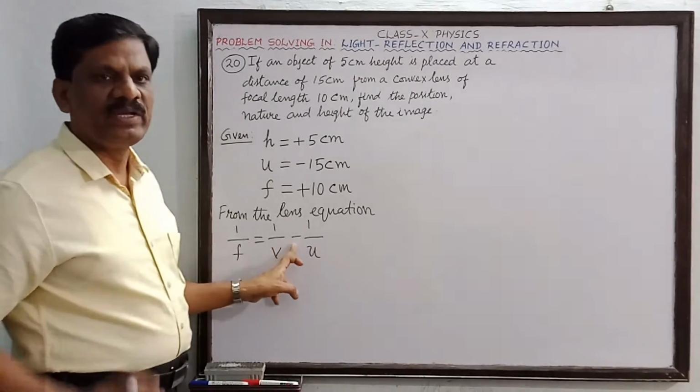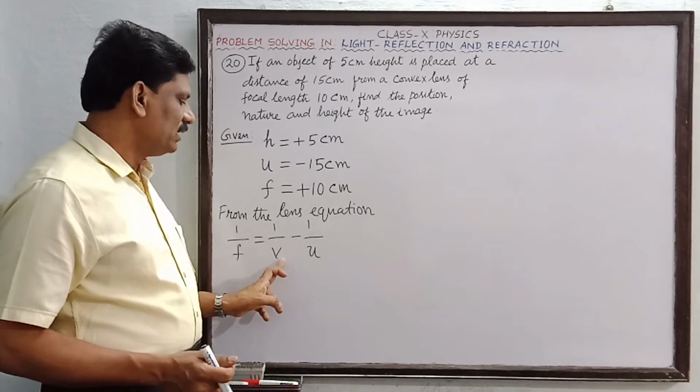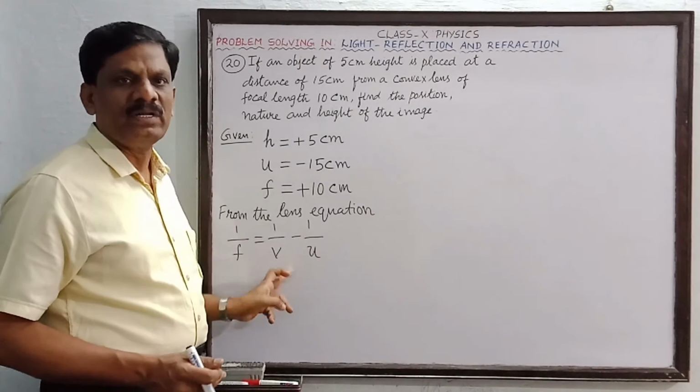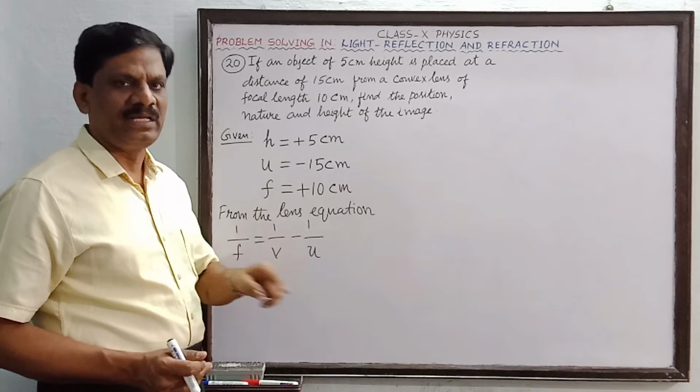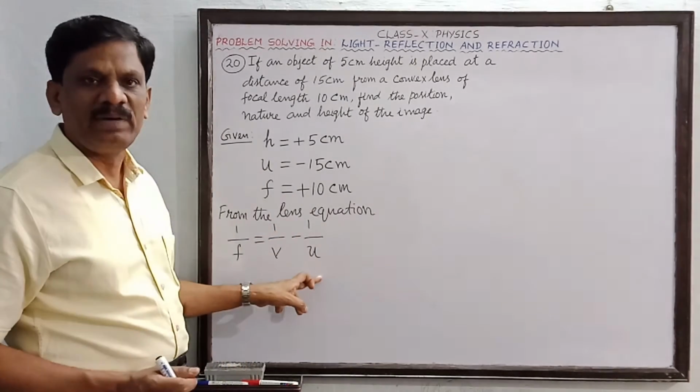In the mirror formula, we first wrote 1 by v, next we wrote 1 by u, and in between a plus sign was written. Here, 1 by f is equal to 1 by v minus 1 by u.